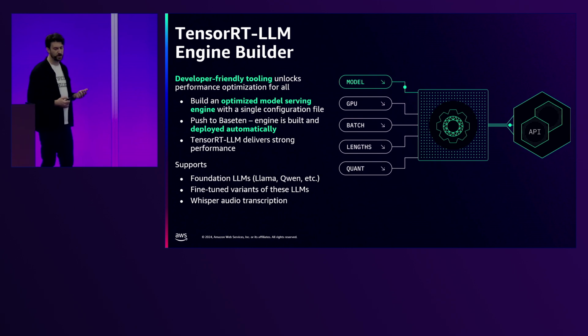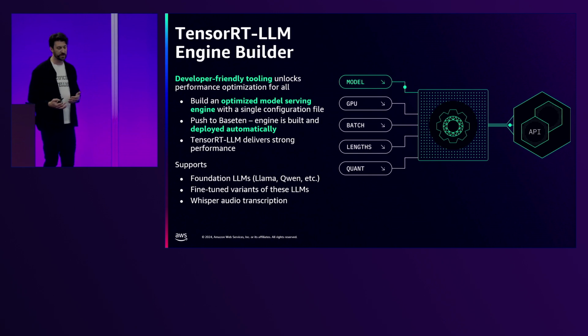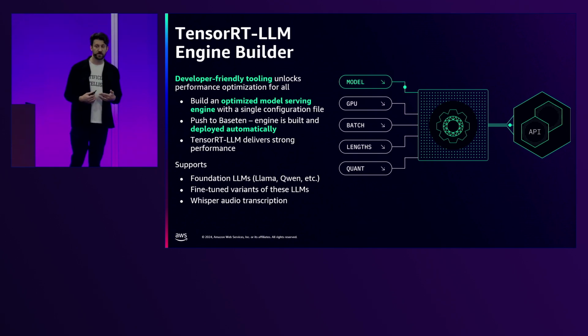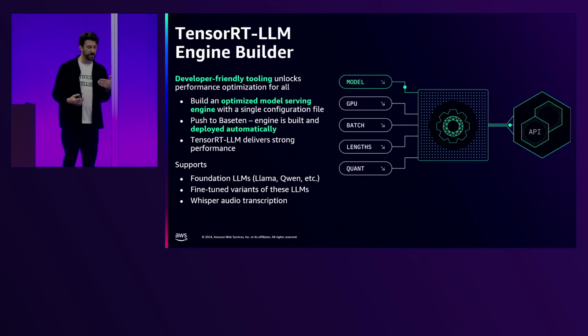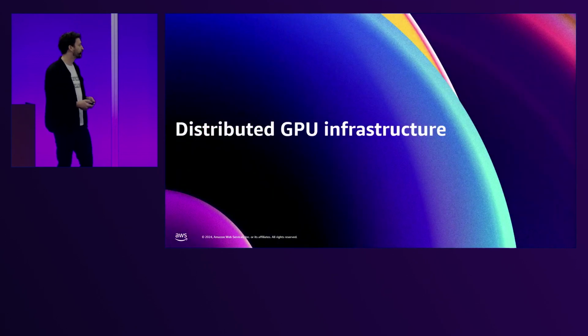We've created an engine builder that generates model inference servers created by TensorRT-LLM, with support for advanced optimization techniques like quantization and speculative decoding that we just covered. With the engine builder, just about any developer can very simply deploy a foundation model or a custom model that leverages all of the expertise that we've built in-house and get state-of-the-art latency and throughput. It's a better way to make your models run faster and cheaper.